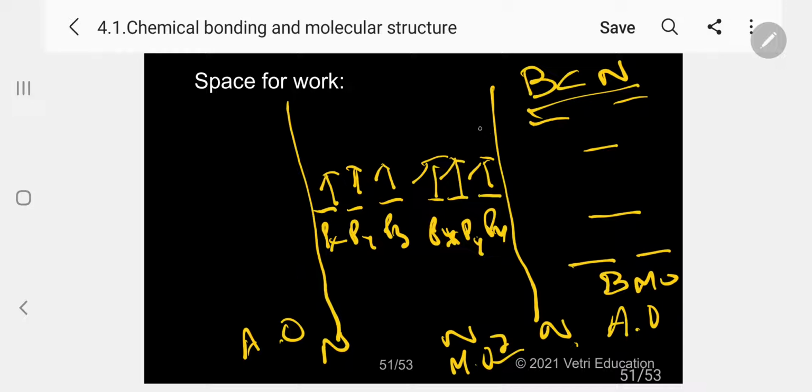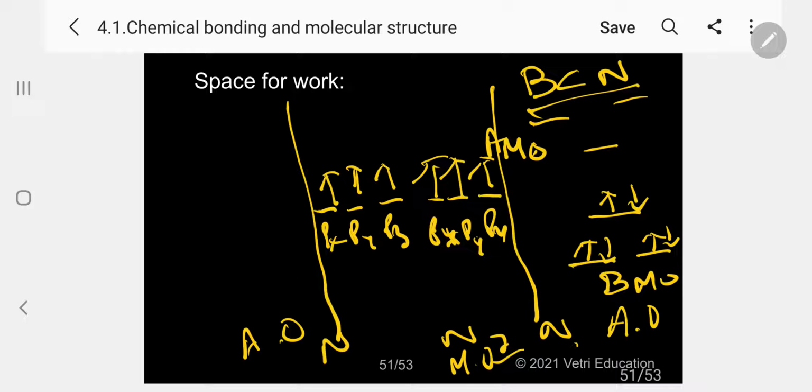This you have to remember. Totally how many electrons? 6 electrons I am filling here: 1, 2, 3, 4, 5, 6.